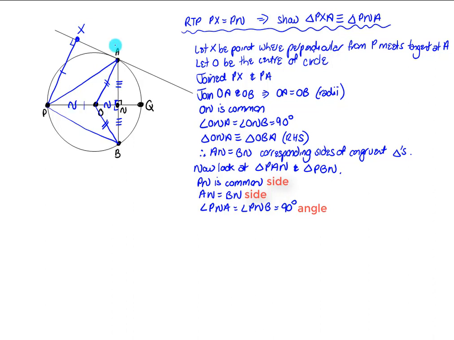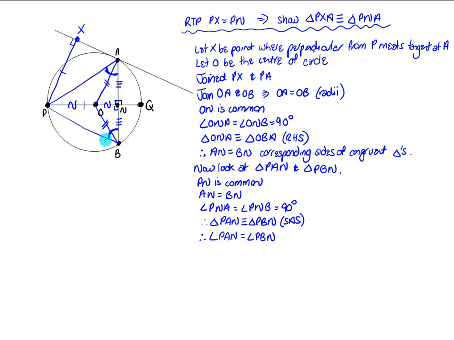So now we have side, angle, side. So therefore, triangle PAN is congruent to triangle PBN because of side, angle, side. So we could therefore say angle PAN has to equal angle PBN. So angle PAN, this angle here, has to equal PBN, which is that angle there.